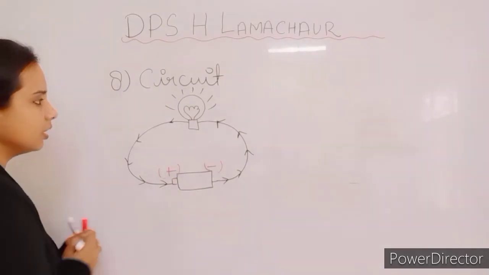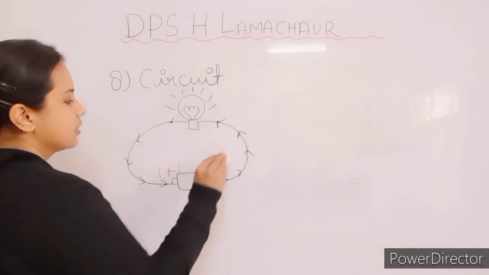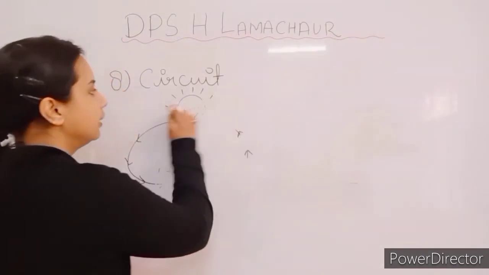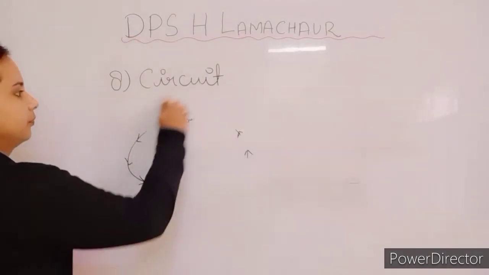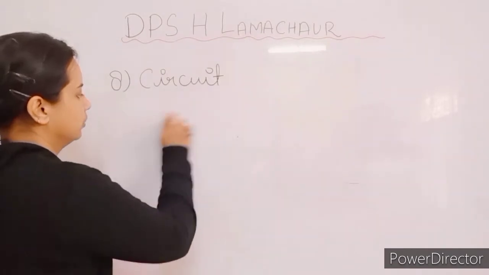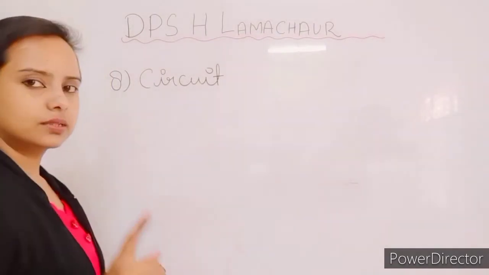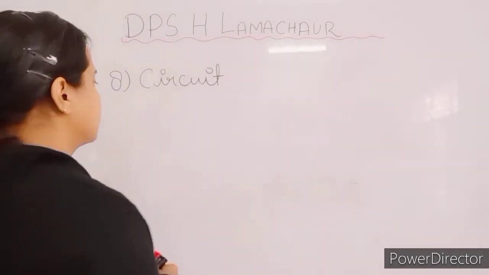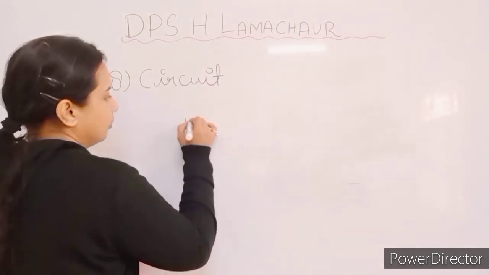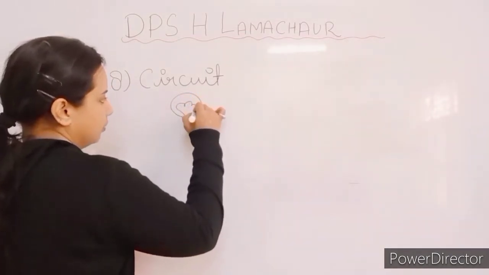Okay. Now students, circuits are of two types, that is open and closed circuit. Okay, circuits are of two types, closed circuit and open circuit. So here again we will draw a bulb.